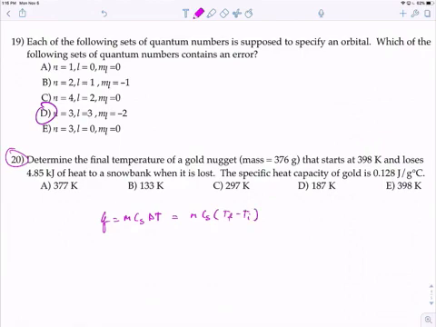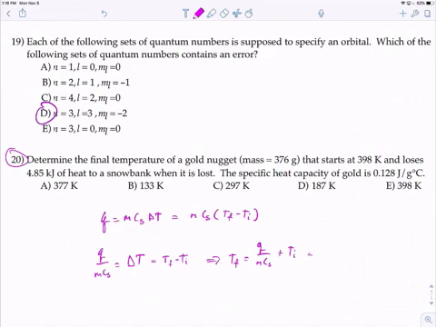So this means then that Q over m c s is equal to delta T. So solving for delta T, which is T final minus T initial, the final temperature is heat over mass times the heat capacity plus the initial temperature.